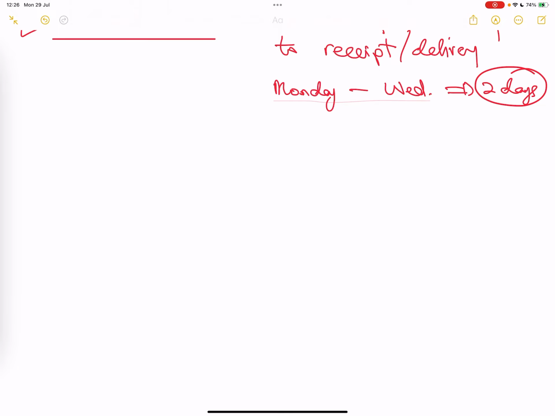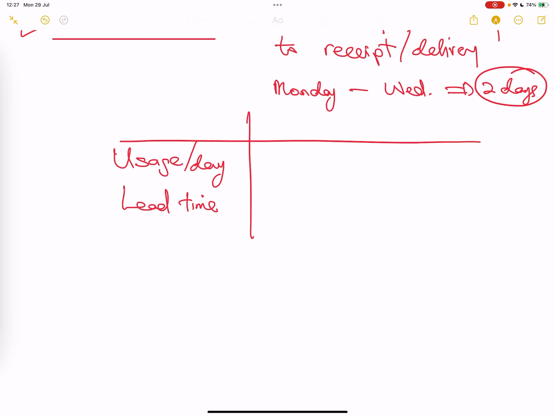So look at this company that has this data. This is usage, let's say usage per day, and the lead time of its orders.